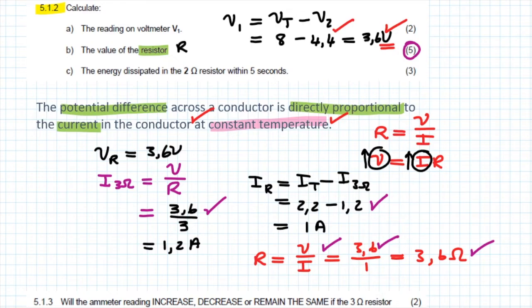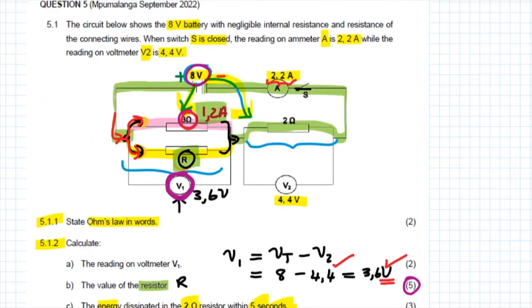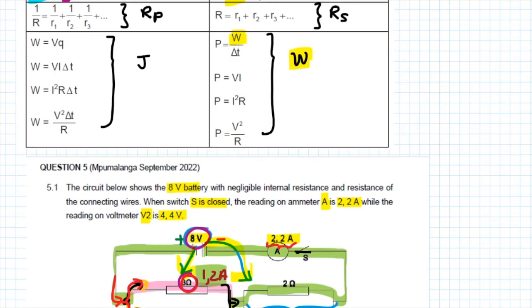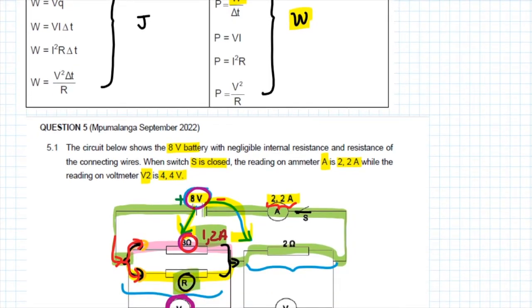Now we move on to question C, which says we need to calculate the energy dissipated by the 2 ohm resistor within 5 seconds. We start off by remembering that the symbol for energy is W. Okay, so power is measured in watts, but energy is given the symbol W. We now need to determine what we know about the 2 ohm resistor.